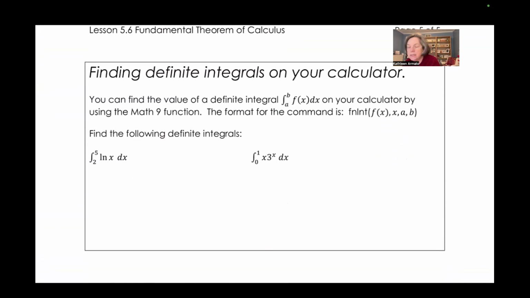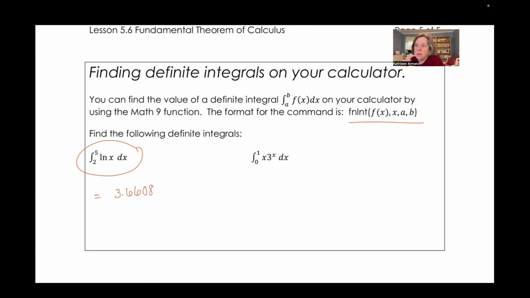All right. And then the last thing is that your calculator can do a definite integral. Use the Math 9 function. Most of your calculators will probably be in this kind of setup, and you just plug in the limits of integration and the function you're integrating and the dx. So try it. If yours isn't, then this is how you do it. The answer would be 3.6608 if we do 4 decimal places.